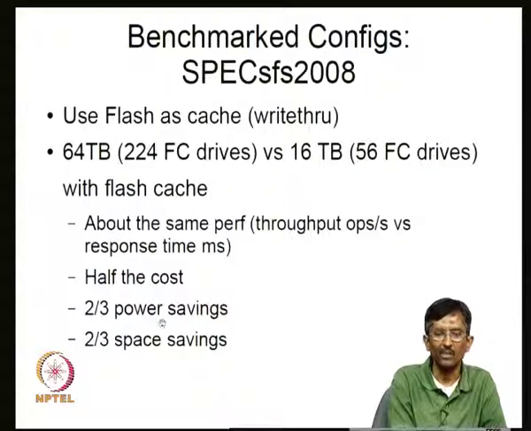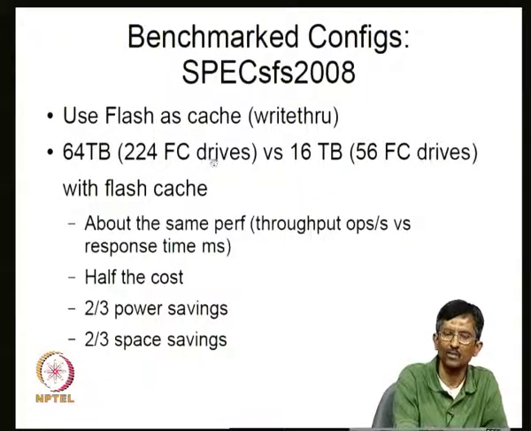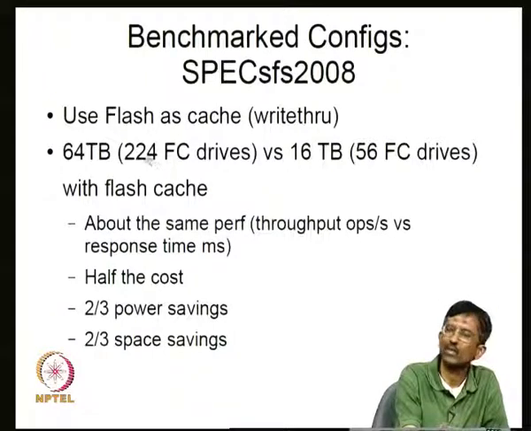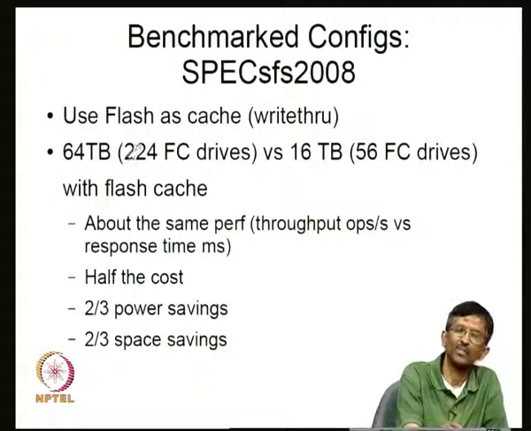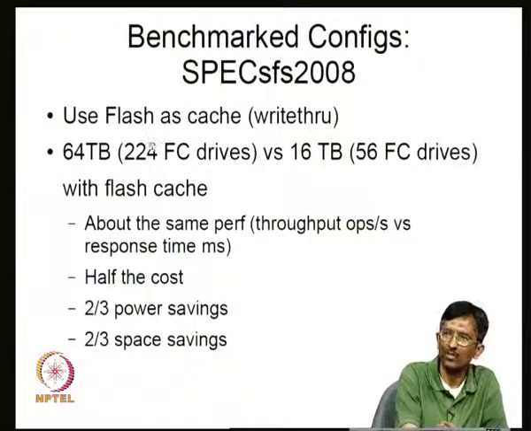Why is that? If you look at these 224 fiber channel drives, you're talking about something like 10 to 15 watts per drive. That means it's approximately 4 kilowatts, and I think you know about something called power factor.